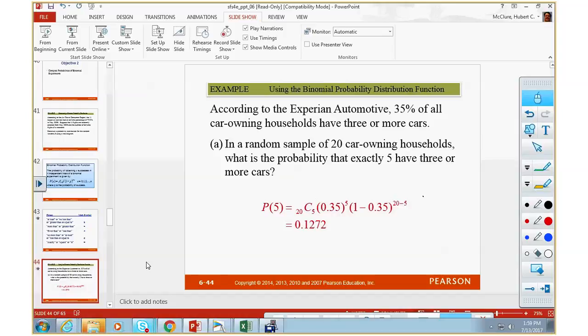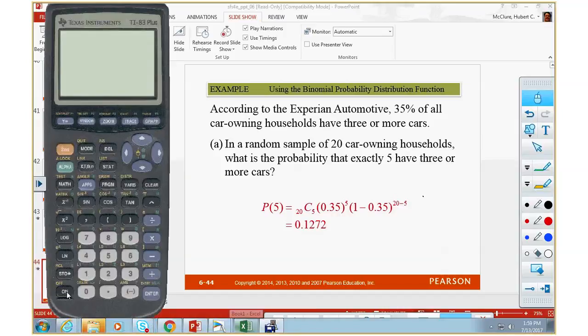Okay, so I'm going to go to my handy dandy calculator. What is n? Now I'll show you a trick learned in the war. Second function, entry. I'm going to type 20, and then what is my p? 0.35, and then 5. Enter. 0.2.